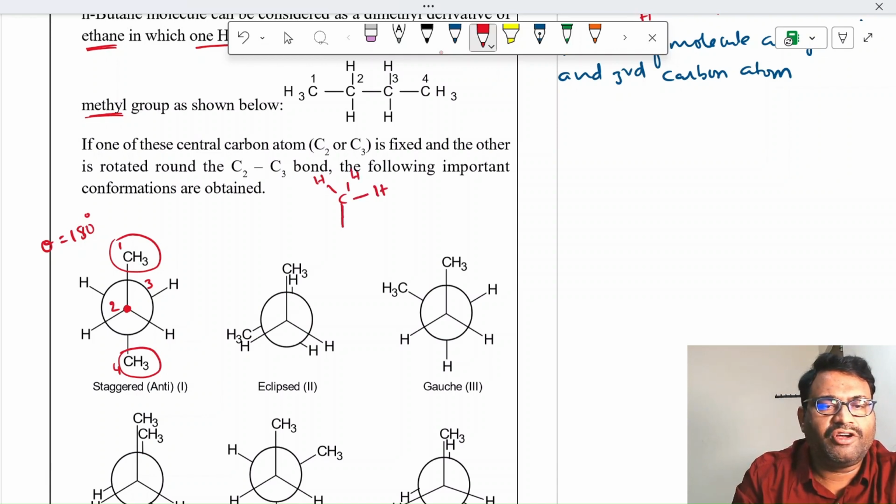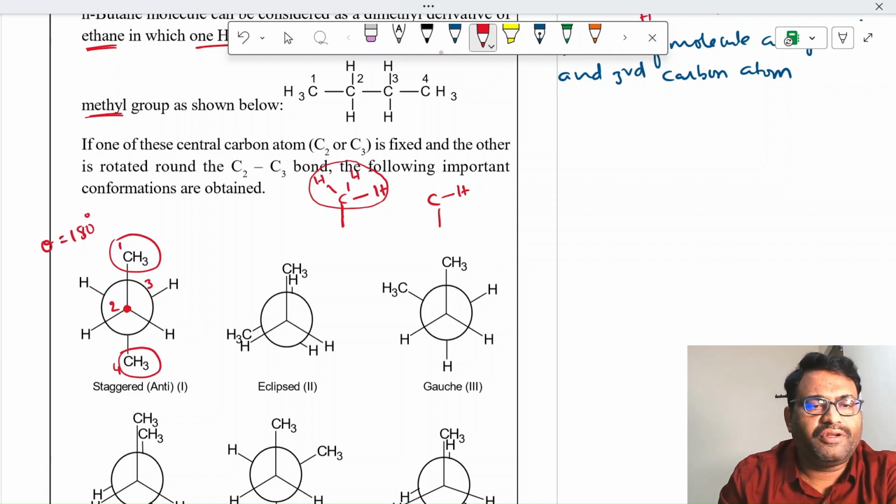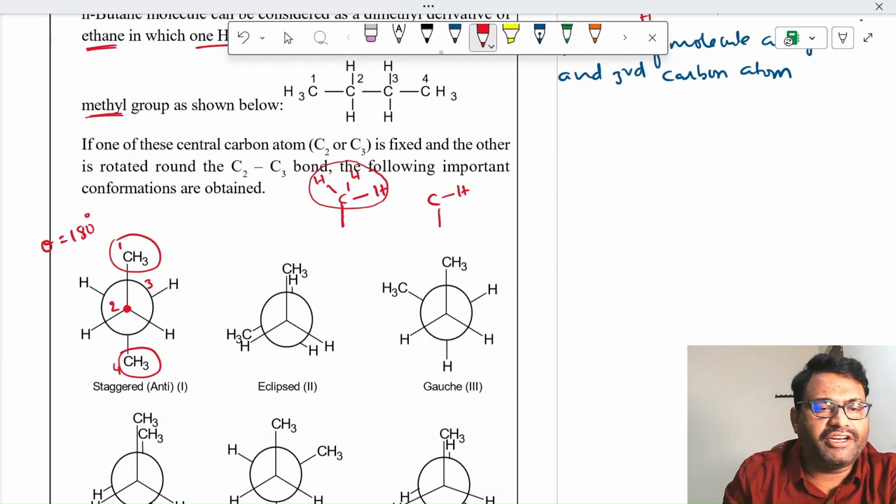The size of CH3 is greater than hydrogen. So with respect to these methyl groups, they are at 180 degrees. The dihedral angle is 180 degrees.